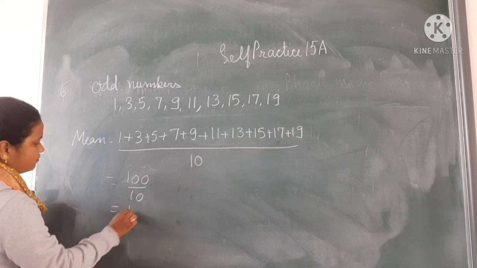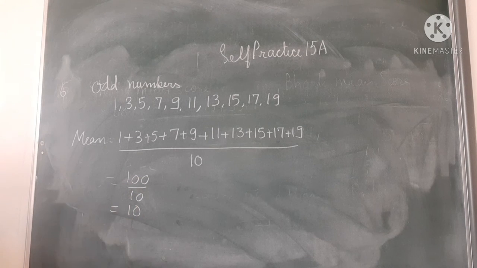So what is the mean of this? 10. So mean of first 10 odd natural numbers is 10.